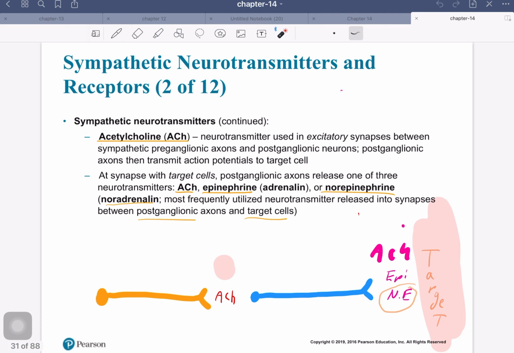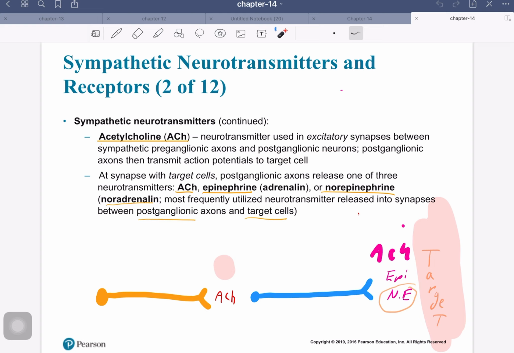So let's have a look. When we're talking about sympathetic neurotransmitters, of course, one big category is ACH, acetylcholine. And it's an excitatory synapse, and we see ACH being used between the preganglionic neurons and the postganglionic neurons.